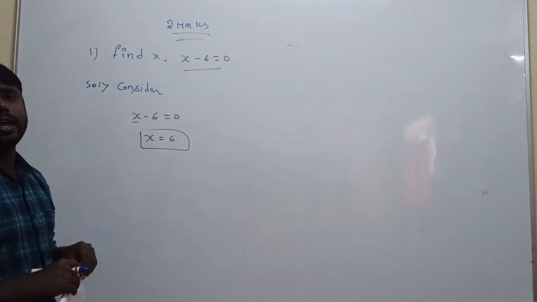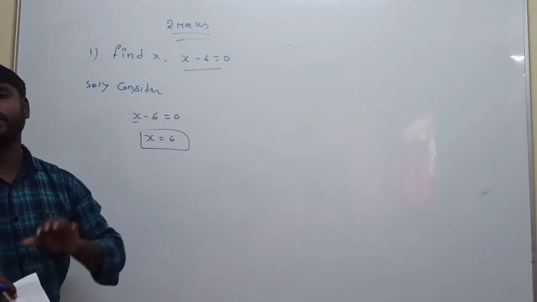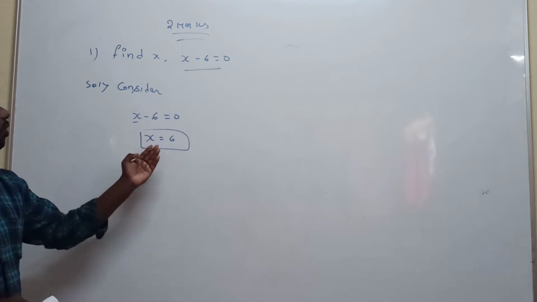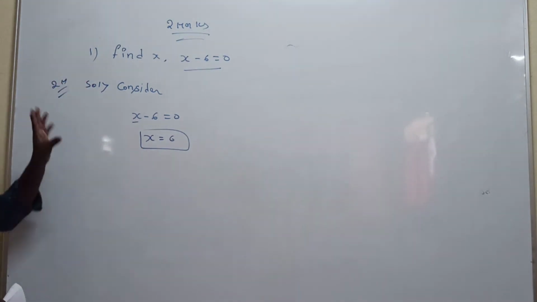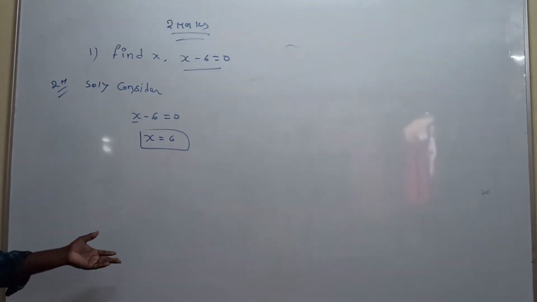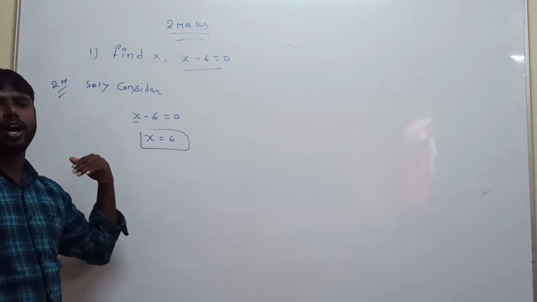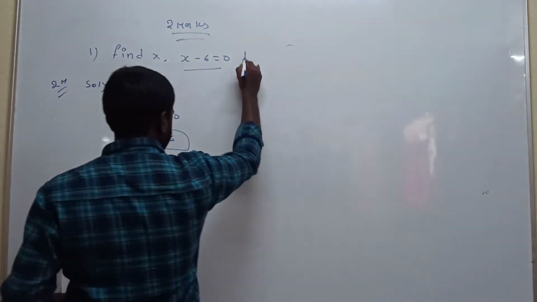Only to calculate the x value, that's why left side only x value, right side the remaining answer value. So minus 6 goes to that side as plus 6. So x is equal to 6. So it is only a 2 marks question, very easy. Everyone understood? Second question.